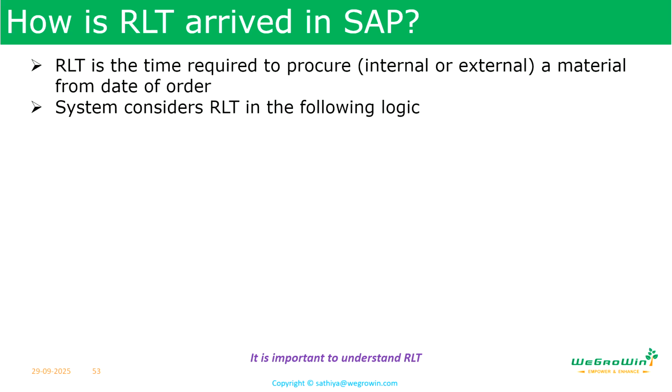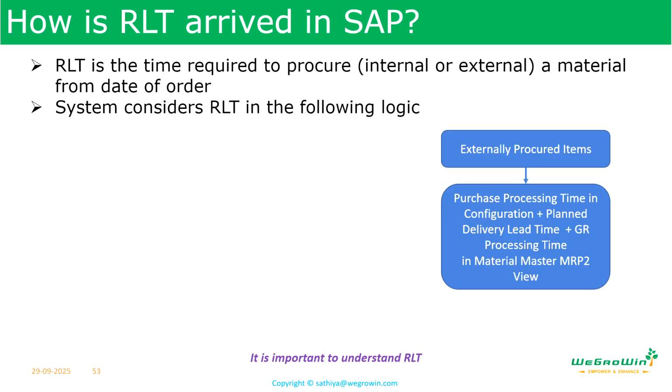Just to explain how replenishment lead time is arrived at in SAP. SAP determines the replenishment lead time for externally procured materials by totaling the processing time for purchasing, which is defined in configuration, the planned delivery lead time in the MRP2 view, and the goods receipt processing time from the MRP2 view. This is for externally procured items.